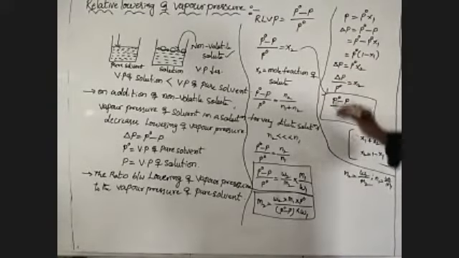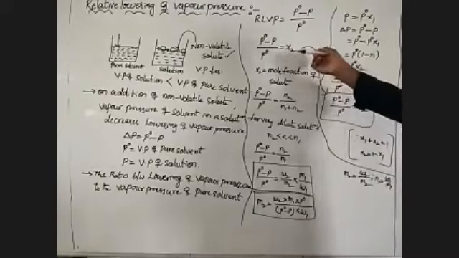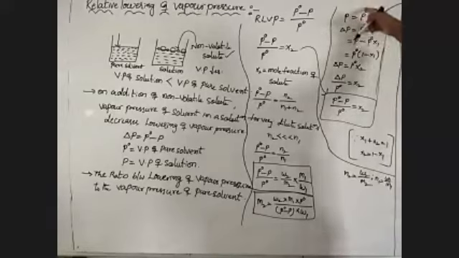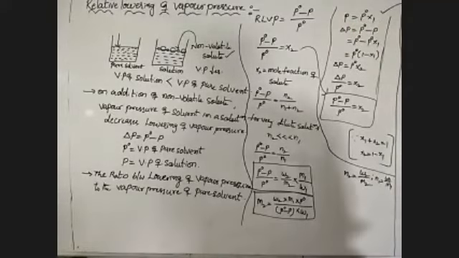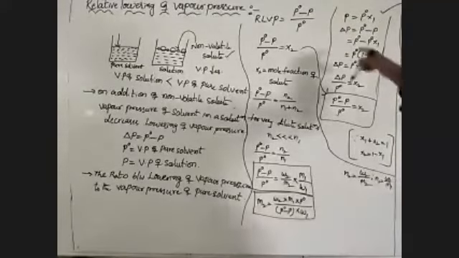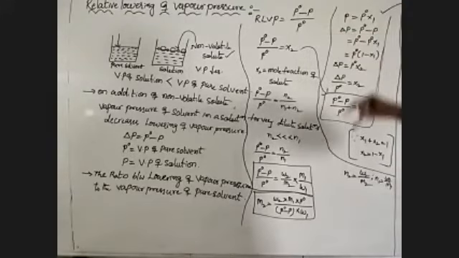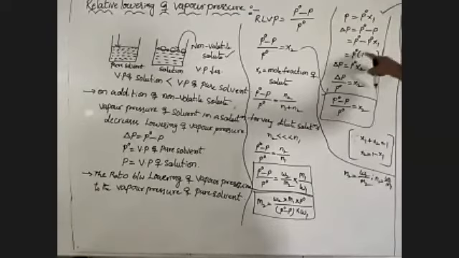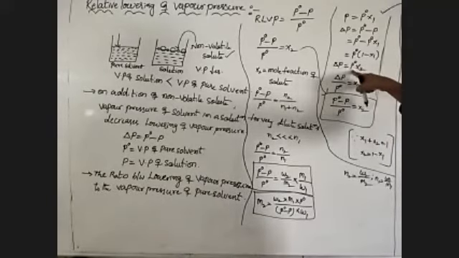How can you derive P naught minus P by P naught is equal to X2? P is equal to P naught X1. Lowering of vapor pressure, delta P, is equal to P naught minus P, which is P naught minus P naught X1. Taking P naught common, delta P is equal to P naught into 1 minus X1. 1 minus X1 means X2.